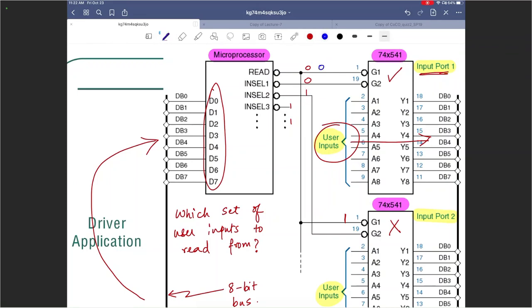This should still be 0 because you are still reading. Input select 1 to 1. Yes, you don't want user input port 1. You do want input port 2, so you have to make that active. And then everybody else is 1.